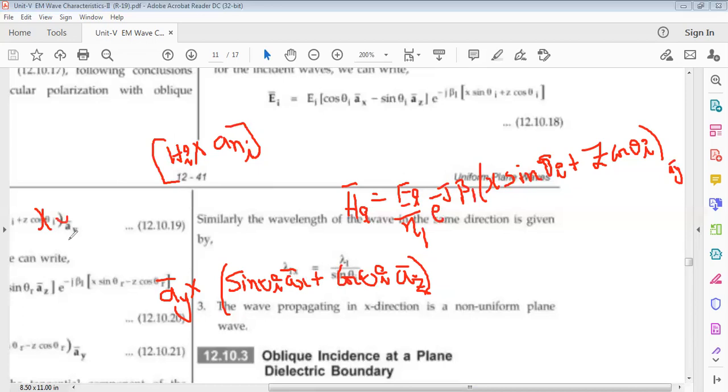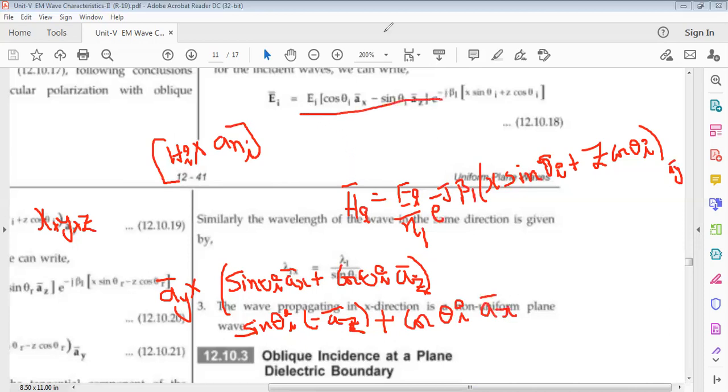The order is XYZ. The cross product of XY is AZ, YZ is AX, and ZX is AY. So Y and X is the reverse order. So sine theta I into minus AZ bar plus cos theta I into AY and AZ is in order, so it is AX bar.